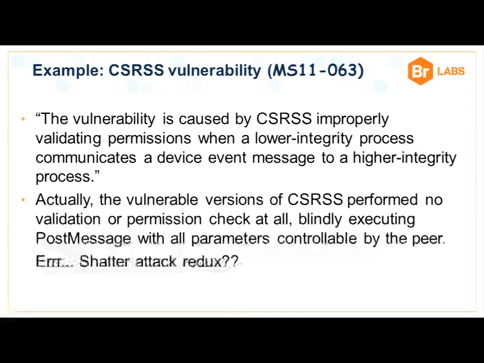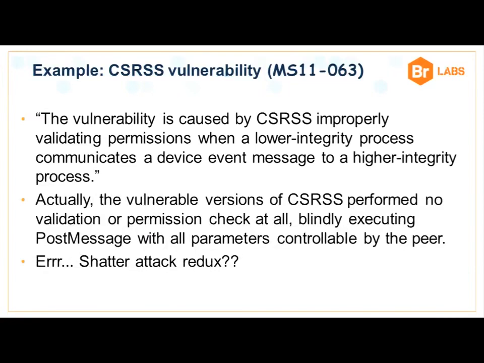So this is the vulnerability description. The vulnerability is caused by CSRSS improperly validating permissions when a low integrity process communicates a device event message to a high integrity process. As cryptic as it can be, right? Microsoft KB.